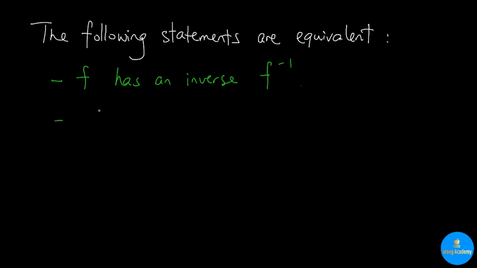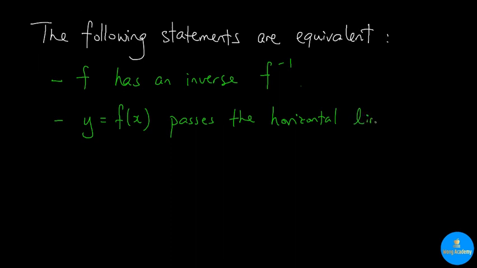The second one is that the graph y equals f of x passes the horizontal line test.